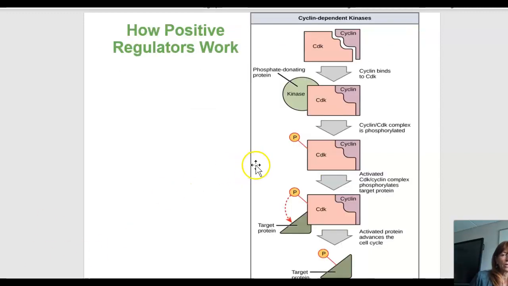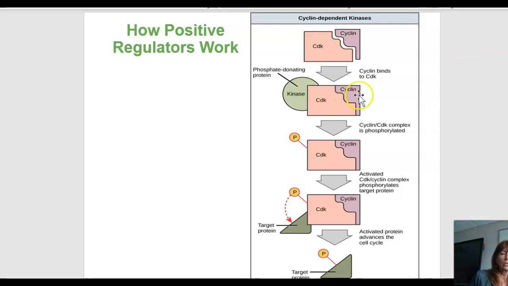And how it works is that cyclin binds, so this purple here is cyclin, and then the CDK, or the cyclin-dependent kinase. Remember kinases? We just talked about those. Those are the ones that like to put phosphate groups on things, and usually that is an activating mechanism.